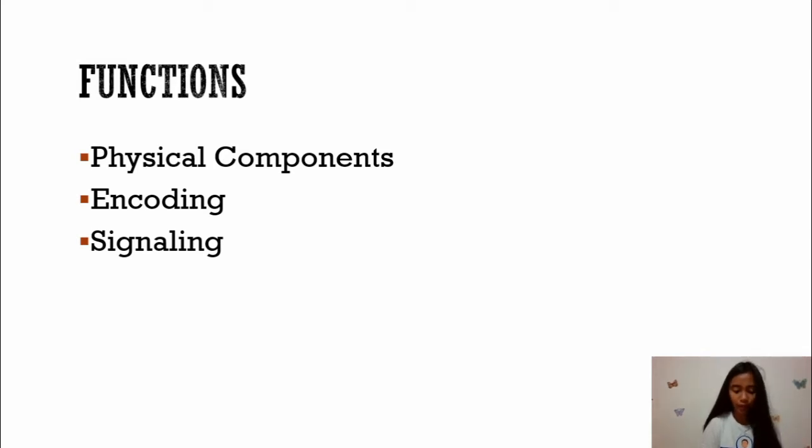The method of representing the bits is called the signaling method. The physical layer standards must define what type of signal represents a 1 and what type of signal represents a 0. This can be as simple as a change in the level of an electrical signal or optical pulse.